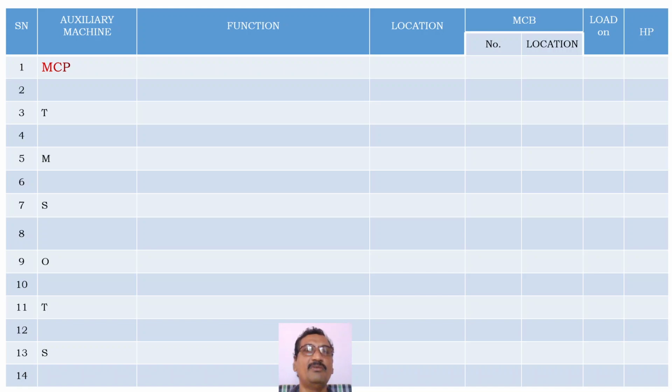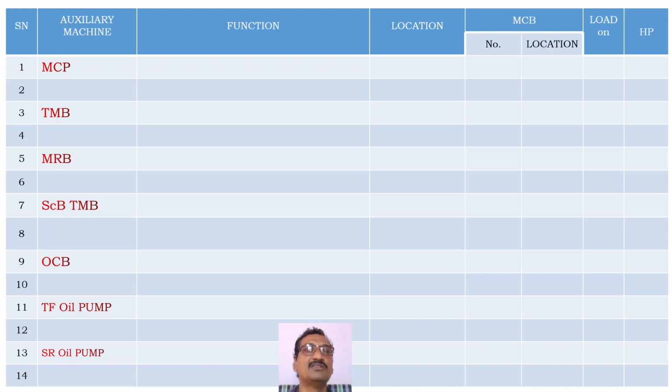MCP, main compressor pump, and TMB, traction motor blower, machine room blower MRB, S for scavenging blower for TMB, and O for OCB, oil cooling blower, T for transformer oil pump, and S for SR oil pump.